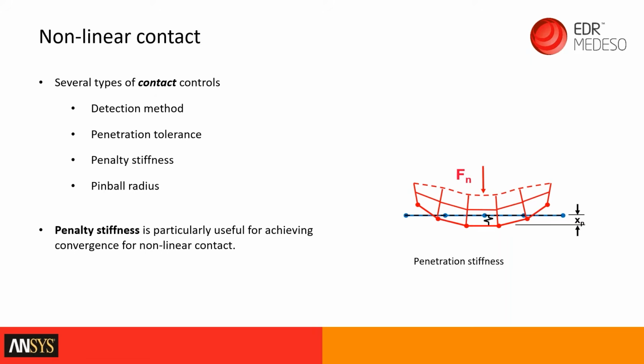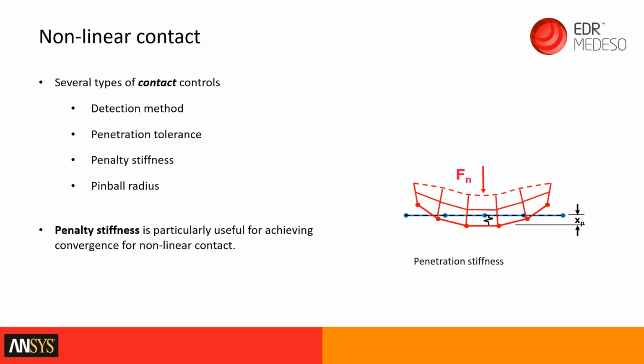The detection method is at Gauss point, so Gauss points from the contact surface by default cannot penetrate the target surface. There's what's called a penetration tolerance when you're using these penalty methods, and essentially the way it works, if you look at the graphic on the right hand side, when a contact surface penetrates a target surface, effectively some stiffness is applied, springs are applied.